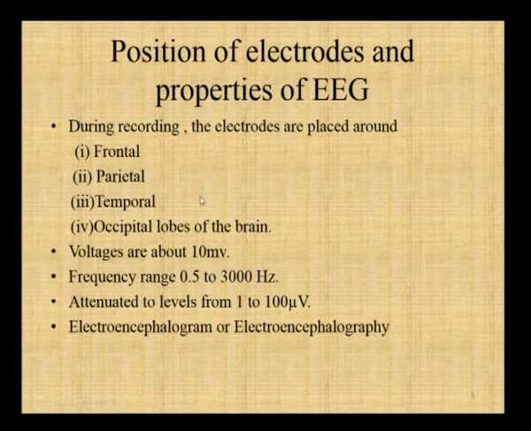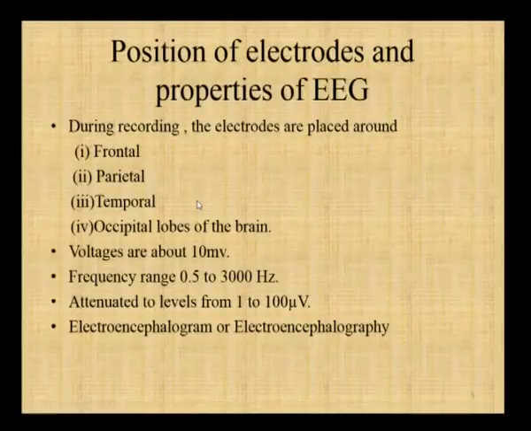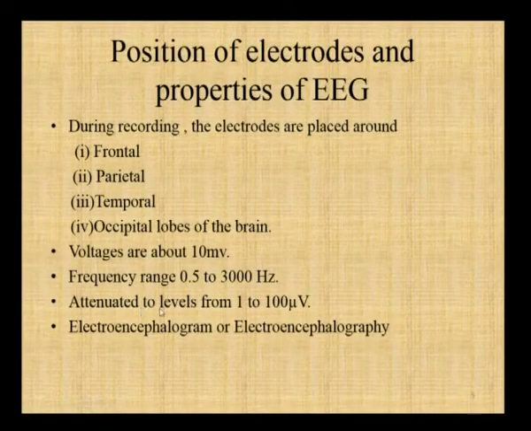The voltage produced during the measurement will be about 10 millivolt, and the frequency range of this measurement will be between 0.5 and 3000 hertz. Then attenuation: when measuring the brain waves, the levels will be between 1 and 100 microvolt.